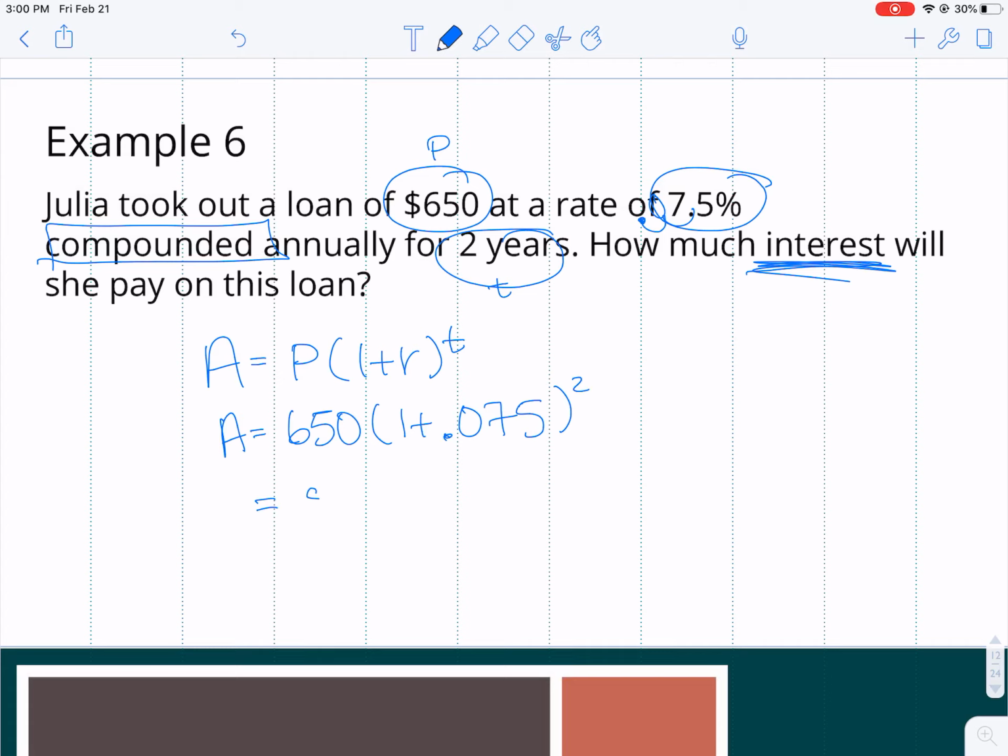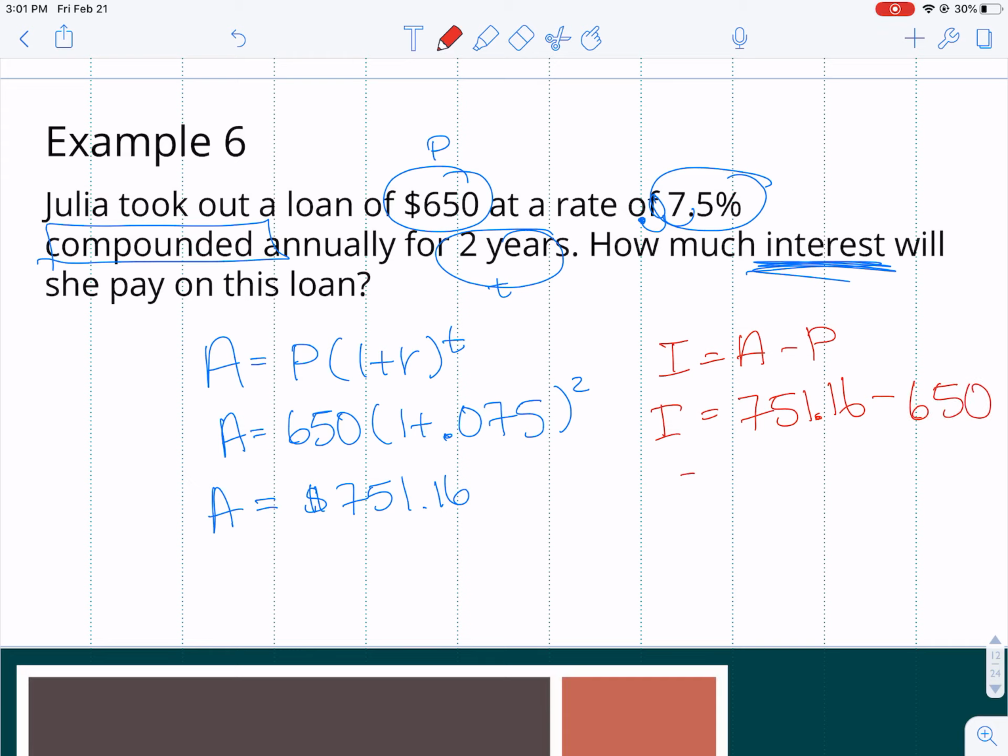And that gives you $751.16. If I were to get the interest again, you just subtract this by 650. That would be 101.16. So $101.16.